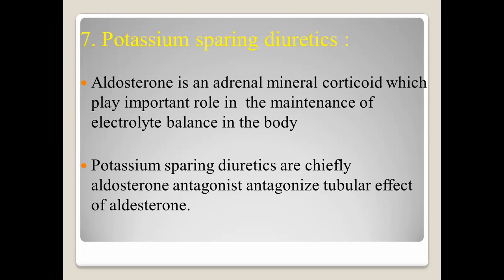So aldosterone is an adrenal mineralocorticoid which plays an important role in maintenance of electrolyte balance in the body. In the cortex part of the adrenal gland, mineralocorticoids are secreted, for example aldosterone, which maintains electrolyte balance in the body.